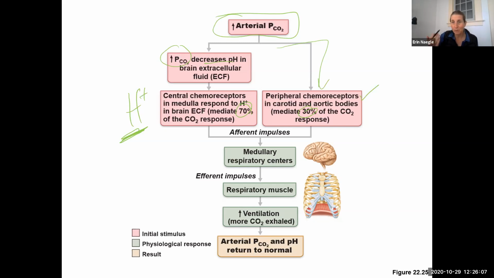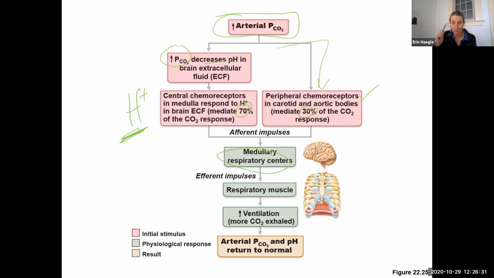And then in that medulla oblongata, you have your respiratory center, and that is going to talk to your diaphragm and your external intercostals. Well, what do I need to do? If I've got high carbon dioxide levels, do I need to increase my breathing rate or decrease it? Yeah, I better increase it.